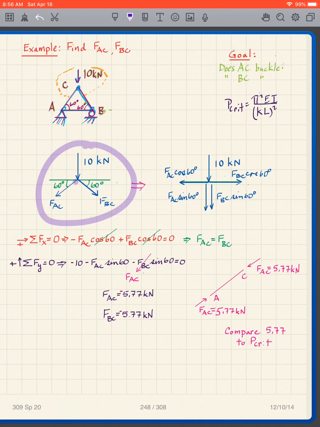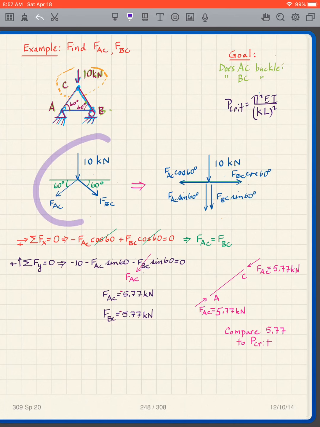And then we're going to label this one FAC because it's from A to C, this one FBC, from B to C. And then we have to get the angles correct. I always recommend that we write our angles with respect to the x-axis. So don't draw your angles with respect to the y-axis, simply because you can simplify things if you draw them with respect to the x-axis. Why is it better? Because that means our x component is going to use the cosine of the angle. The y component will use the sine of the angle, and that makes it very simple.